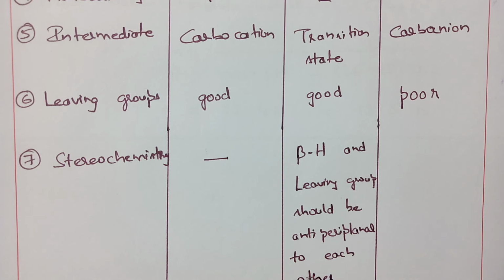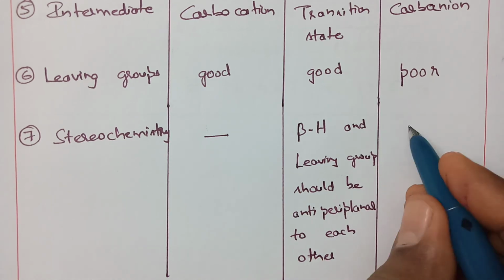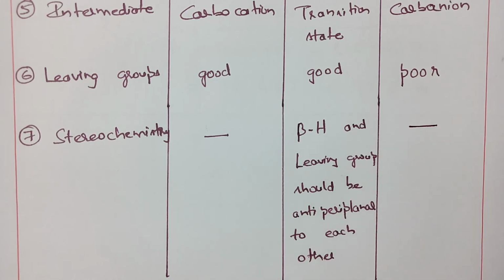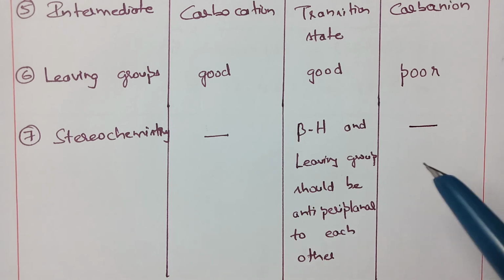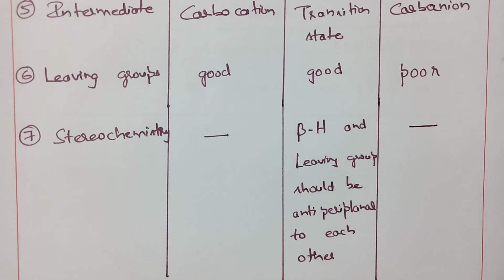Then only the E2 mechanism will occur. And in E1cB mechanism, there is no condition. So we have the condition only for E2 mechanism: beta hydrogen and leaving group should be anti-periplanar to each other.